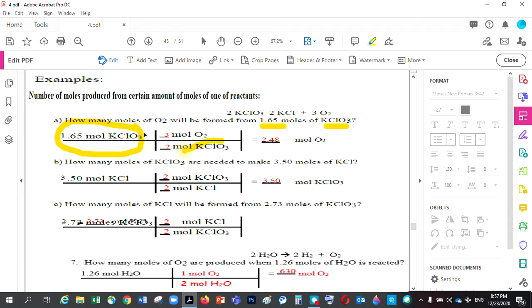The key to success for this type of problem is unit cancellation. Then you look at what's asked. Asked is moles of oxygen, so the moles of oxygen has to be on top. We have 3 moles of oxygen to 2 moles of chlorate, so the chlorate moles cancel out. You have 1.65 multiplied by 3 divided by 2, which gives you the moles of oxygen.